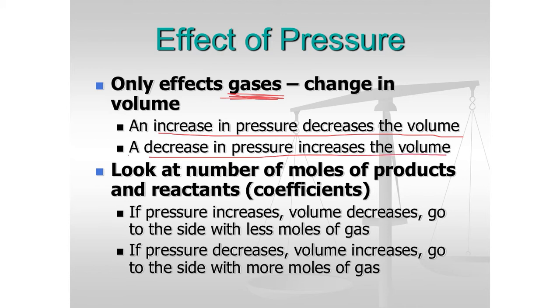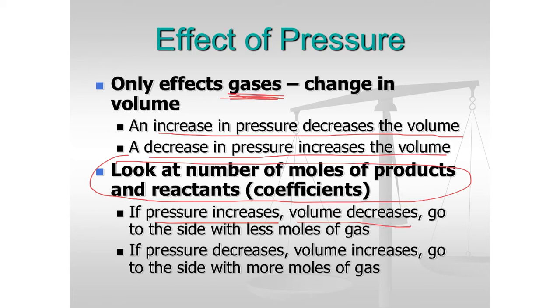And then you have to look at the number of moles of your reactants and your products. Remember, moles are given by the coefficients, the big numbers out in front. If we have an increase in pressure, that causes the volume of the gas to decrease. So our problem is that it's too crowded.